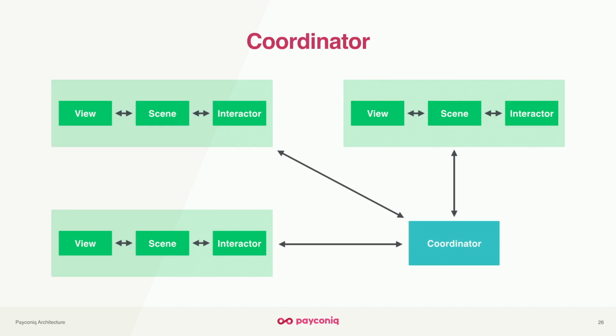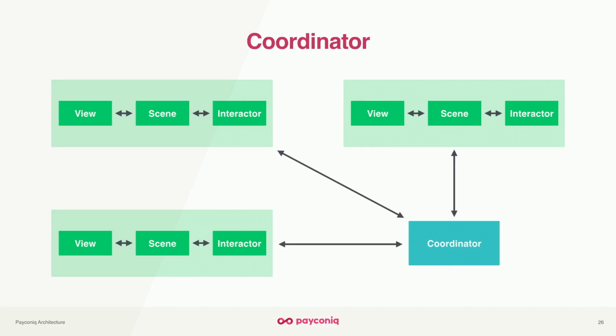Another thing the coordinator does in the app is it holds the state. All our interactors are stateless, meaning, well, usually an interactor just has an input signal, then it loads some data from the backend, then it does something with this data, and then it returns it back to the scene or to be displayed in the view.